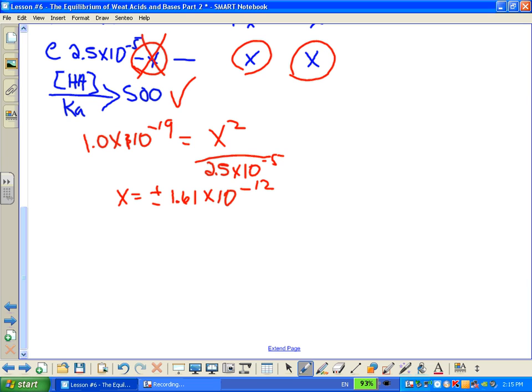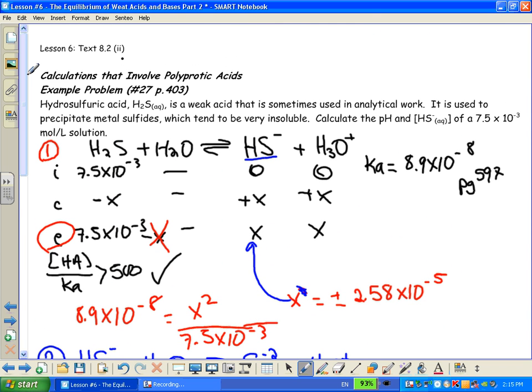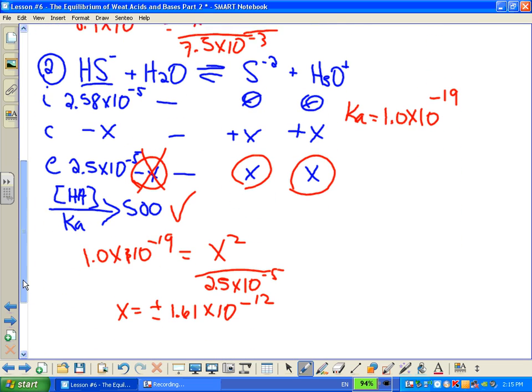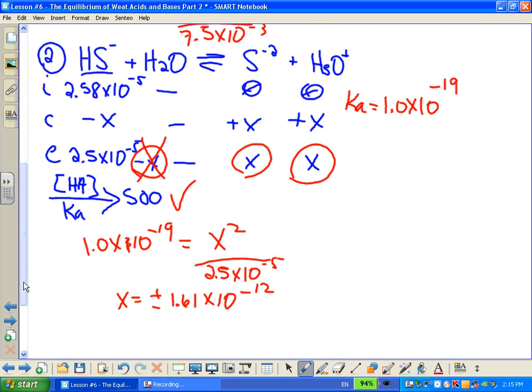So in order to answer the original question, it asked you for the pH, and it asked us for the concentration of HS negative. Well, we already found the initial concentration of HS negative is 2.58 times 10 to the negative 5.